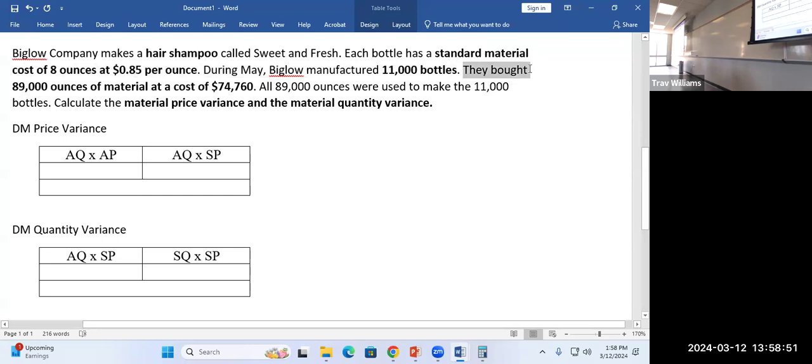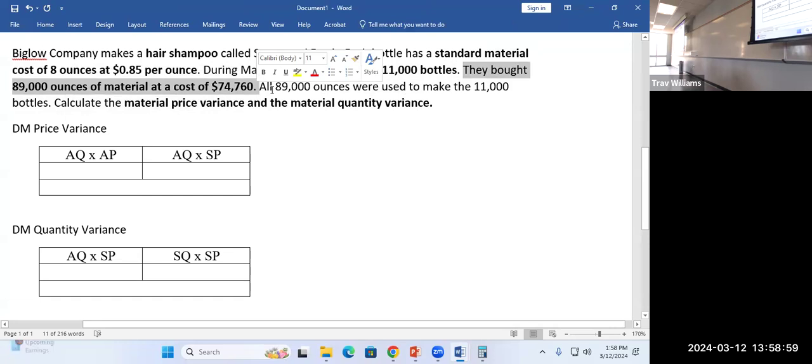Now, in this case, they bought 89,000 ounces of material. That doesn't really matter. We don't care how much they bought. We care how much they used, right? But it says that all 89,000 ounces were used. So that's why we're going to use that number. That's the actual amount of material that they used.